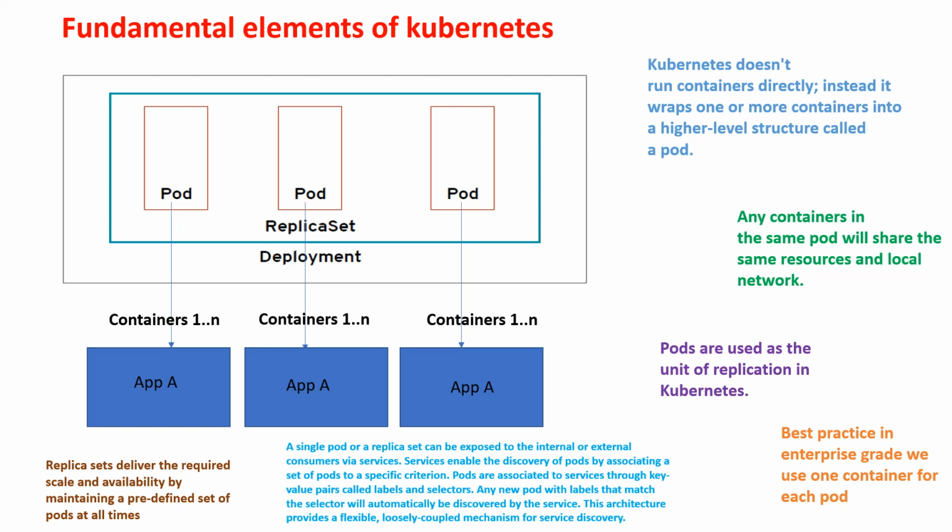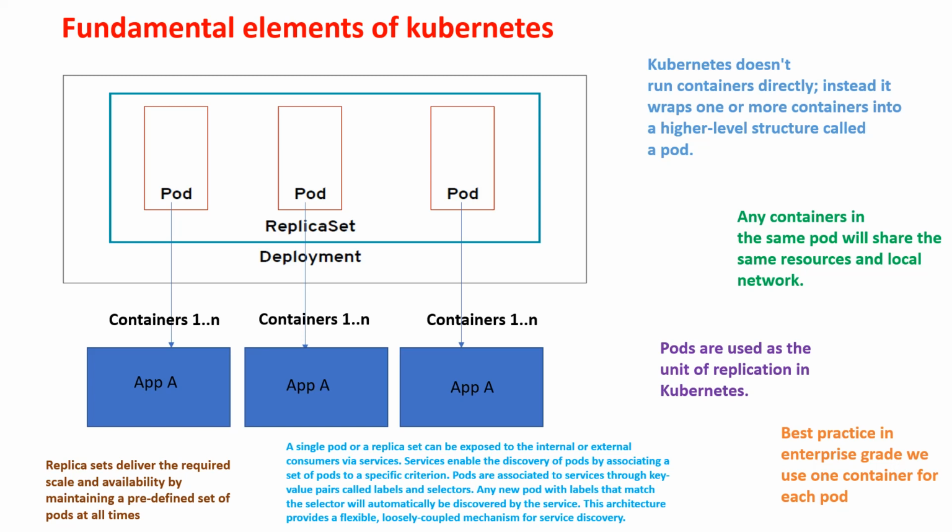The service, which can be of type load balancer, will be the application's exposed point, and this fourth pod that I bring up with the same labels and selectors would be automatically discovered by the service. The service discovers the pod automatically, and this process is known as service discovery.